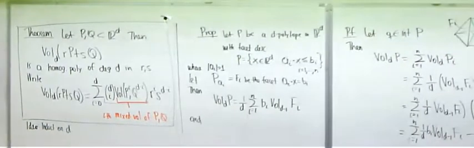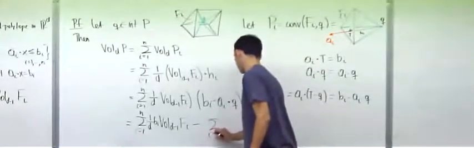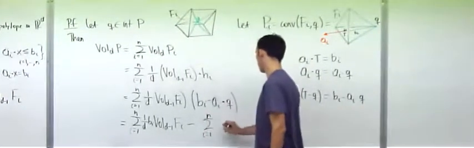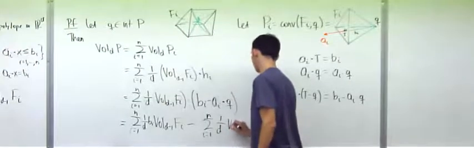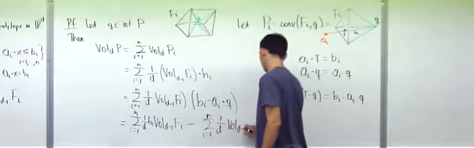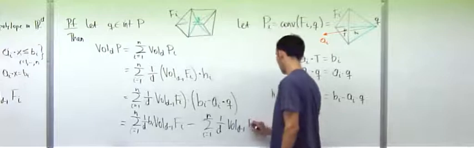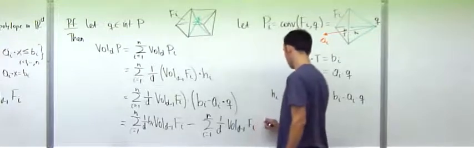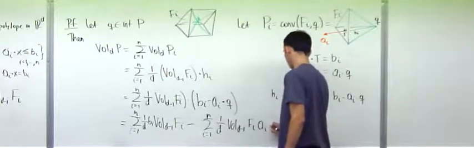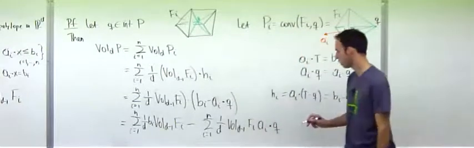Minus the sum from i equals 1 to n of 1 over d volume sub d minus 1 of fi times ai dot q.